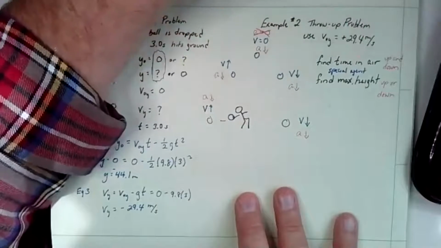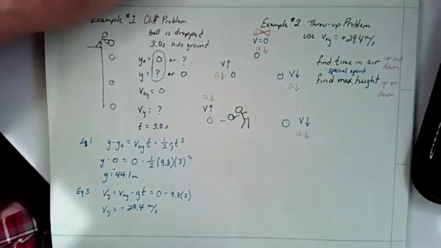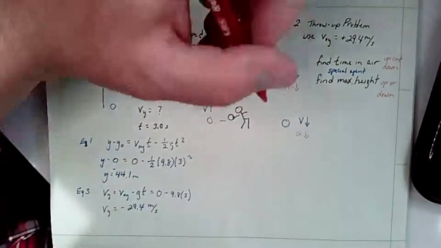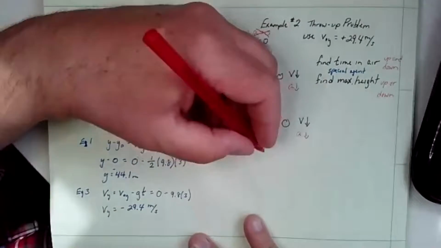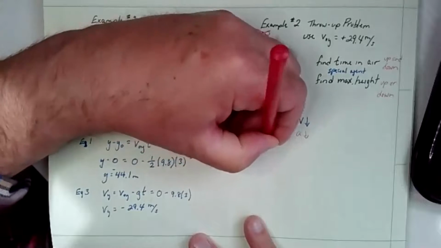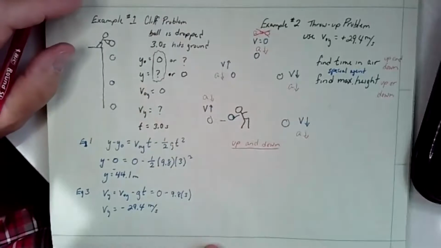So the conditions that exist for that motion are either on the way up or on the way down. So let's do that. Let's go up and down. And let's see what that looks like.